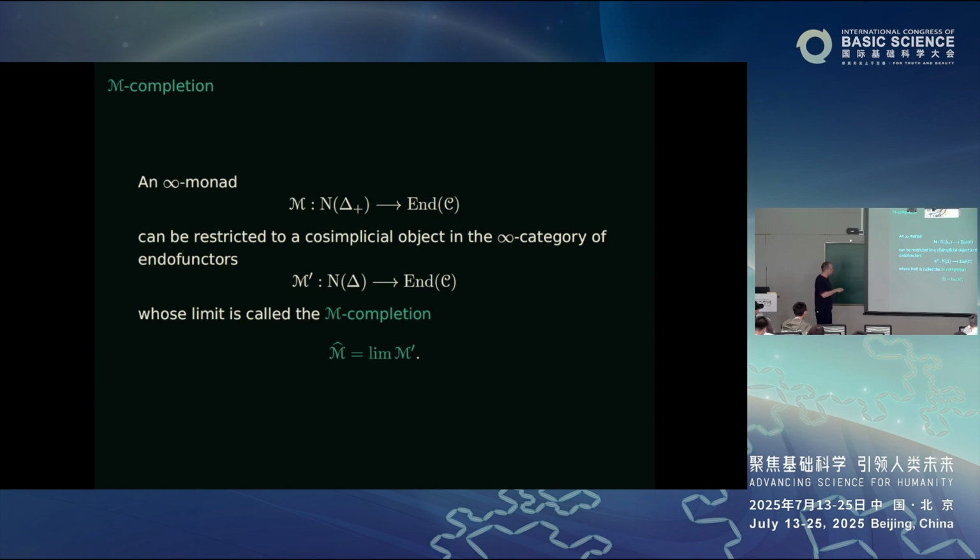And we can forget about this plus here, restrict to the ordinary simplex category, the nerve of the ordinary simplex category, and take the limit. Take the limit in the infinity category of endofunctors, if it exists. We assume that the category is nice enough, so this limit exists.